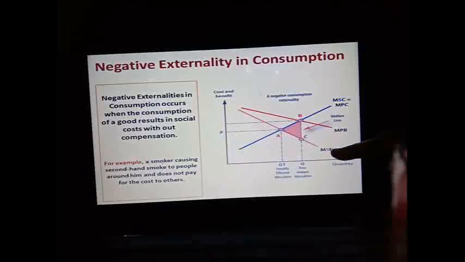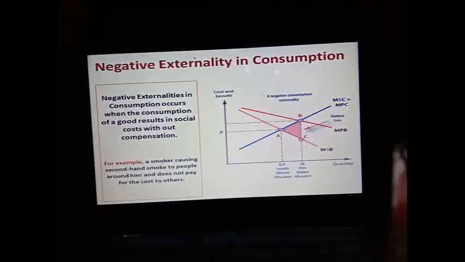Here we have our marginal private benefit curve, and it lies above our marginal social benefit curve, because there is negative externality, and due to that negative externality our marginal social benefit curve lies below the marginal private benefit. From the private point of view, when this curve intersects with our marginal private cost curve, the quantity is fixed at Q, and that is our free market allocation.